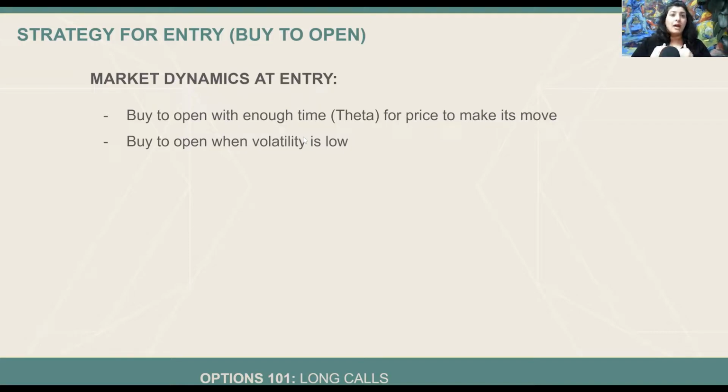So you want to buy when volatility is low, and we will talk about how to analyze that.